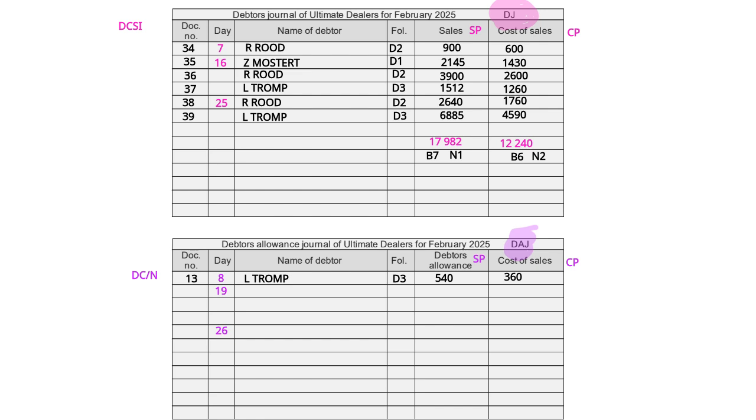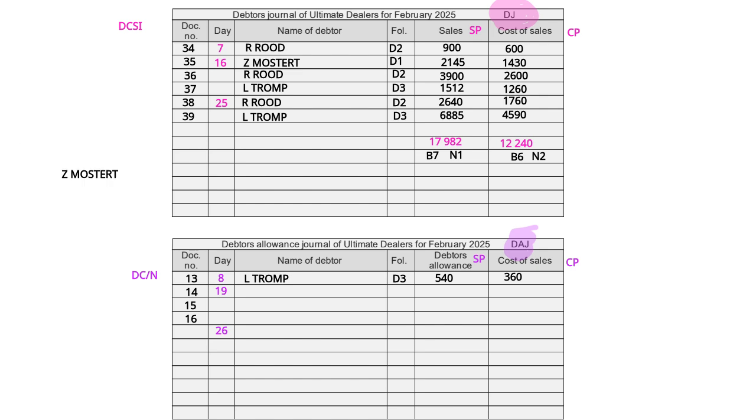We say 540 times 100 divided by 150. Then on the 19th, credit notes were issued to the following debtors. So all three are debtors: Mustard, Ruth, and Trump. So let's quickly just follow on with our document numbers. So it's number 14, number 15, and number 16.